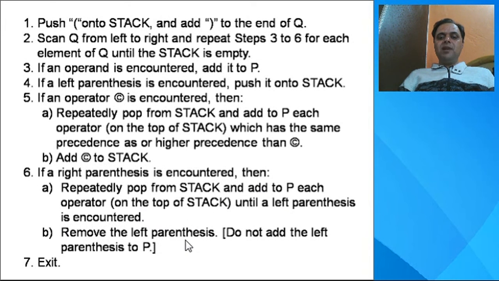Part B is to remove the left parenthesis. We will remove that left parenthesis. So we repeat steps 3 to 6 until the stack gets empty. When this condition fails, when the stack becomes empty, we will move to step 7, that is exit.